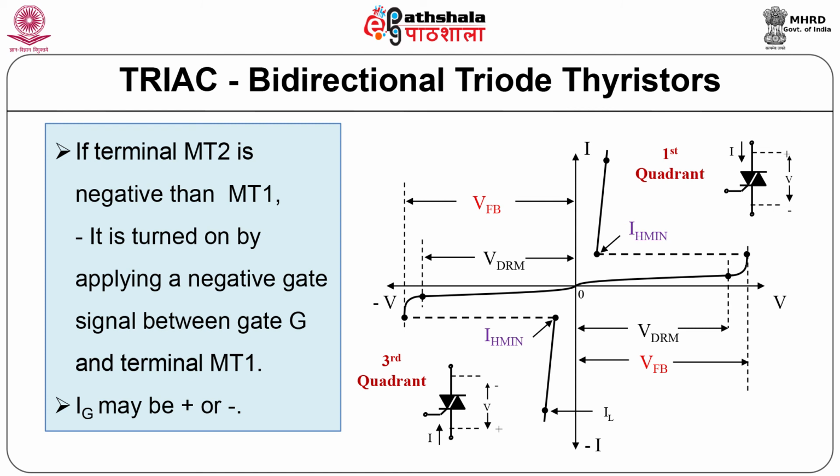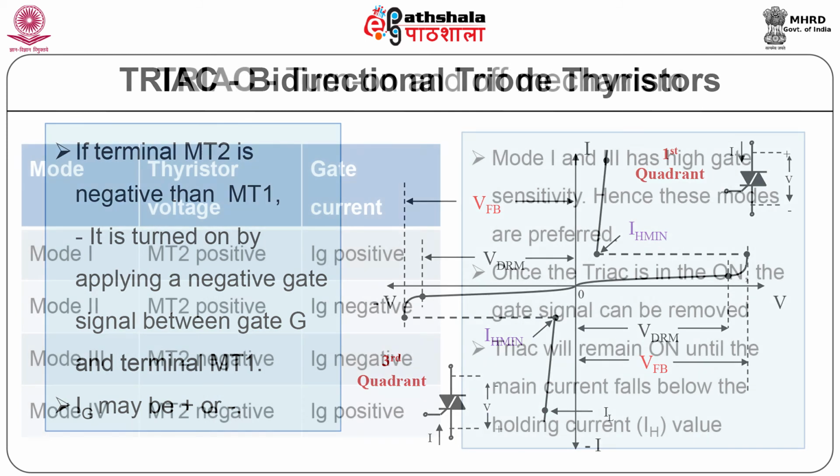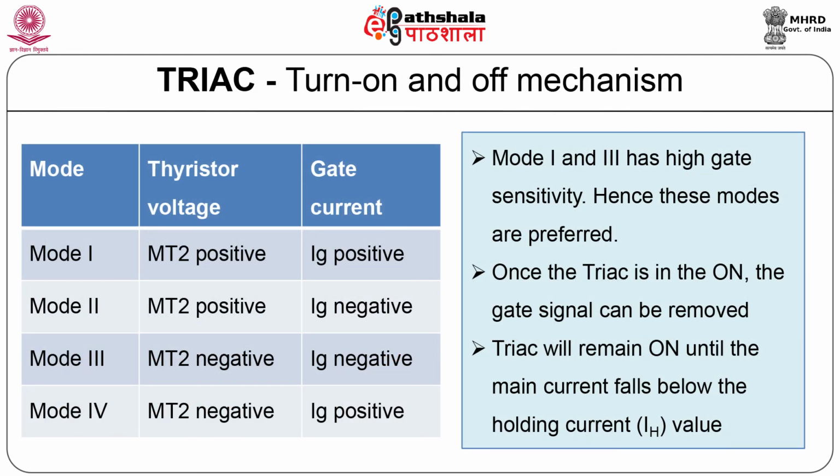According to this turn on and turn off mechanism, it is evident that the thyristor can be used in different modes. These are modes which are defined as follows and shown in the table. Among these four modes, mode 1 and 3 have high gate sensitivity.